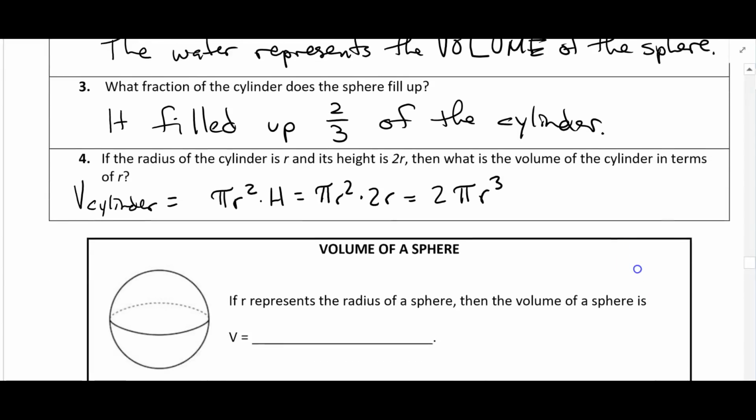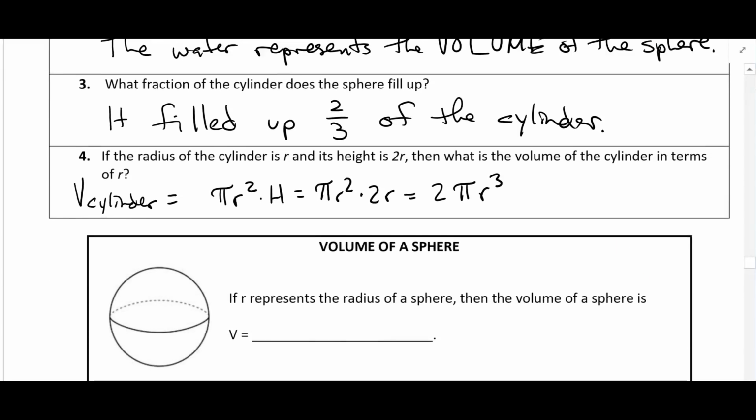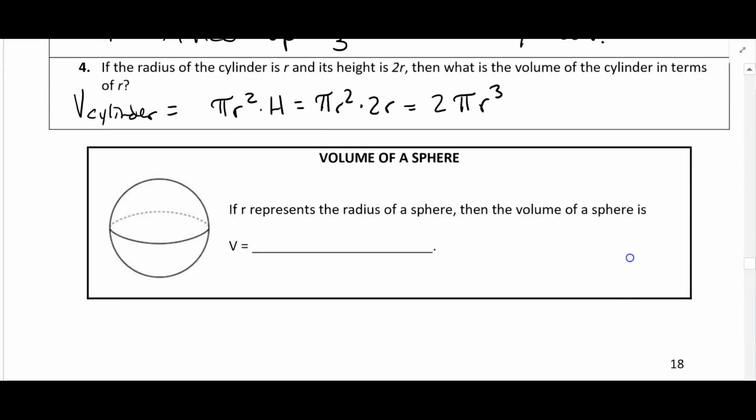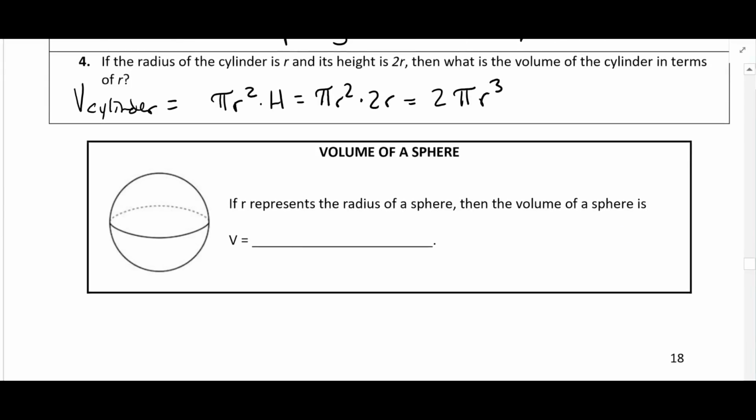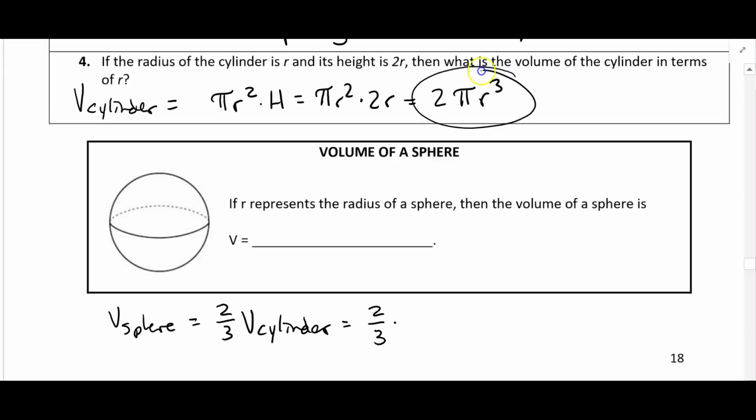So now we already know that the sphere is 2/3 of the cylinder, so then the volume of the sphere is going to be 2/3 the volume of the cylinder, so that's going to be 2/3, and we just found out the volume of the cylinder in terms of r would be 2 pi r cubed.